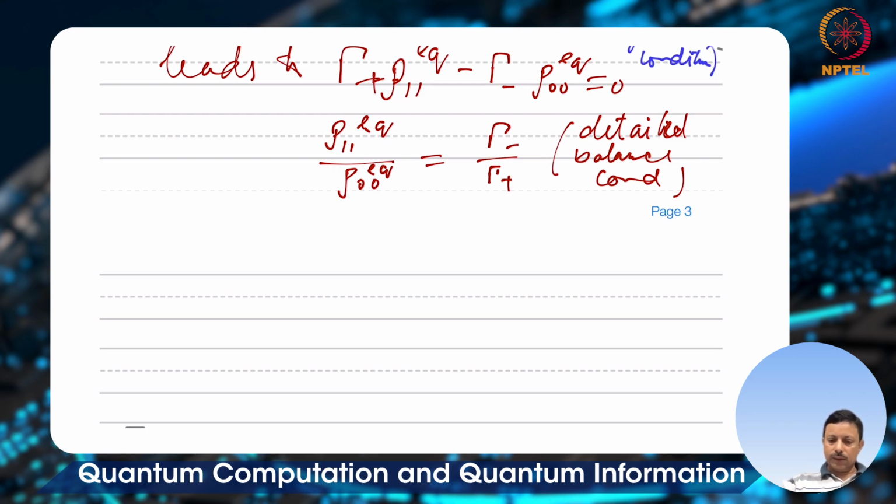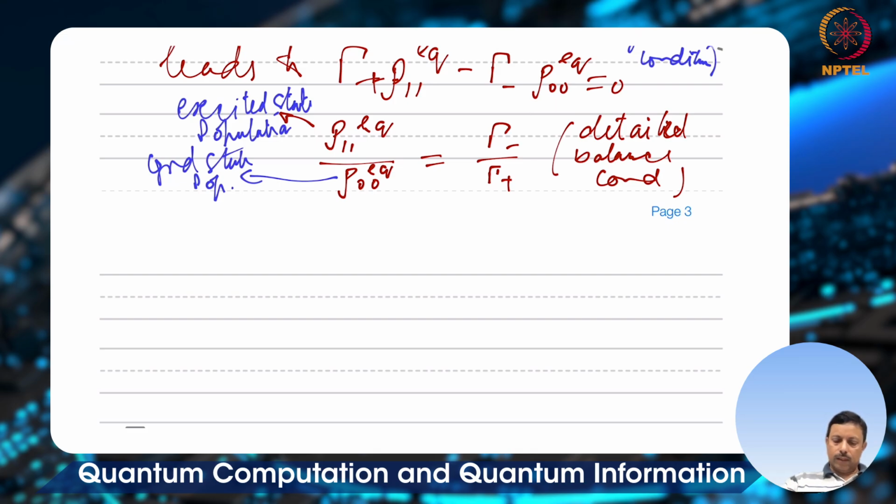Basically this is the excited state population, and there is a ground state population, or I can also say GS, ground state population, right?